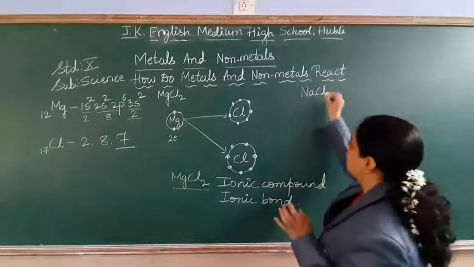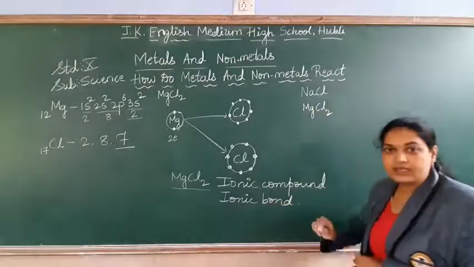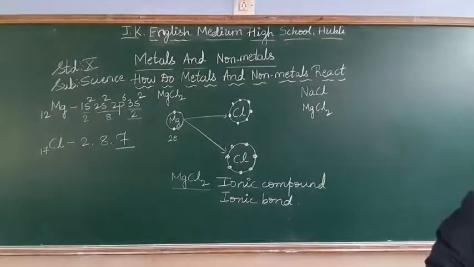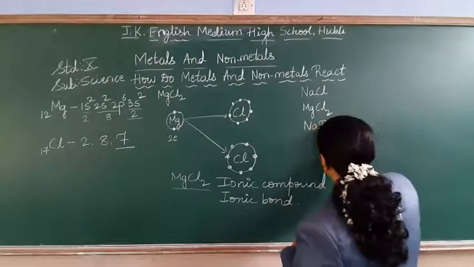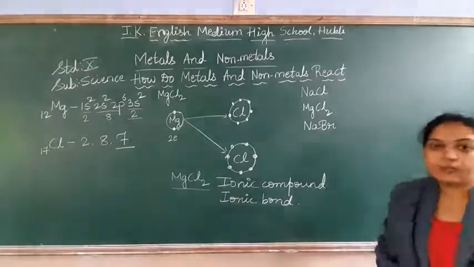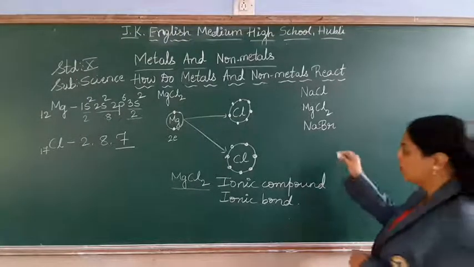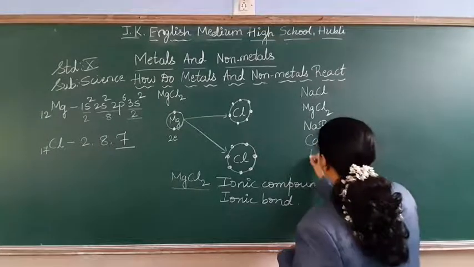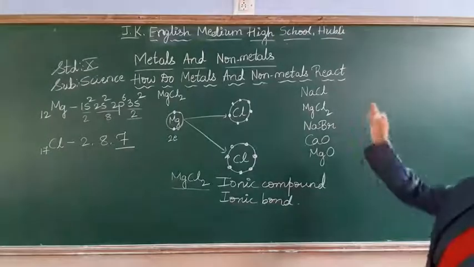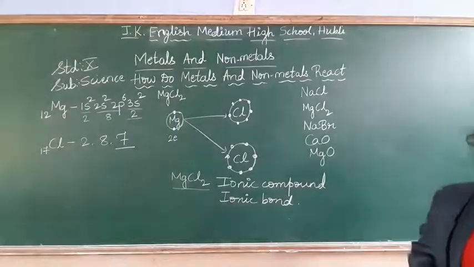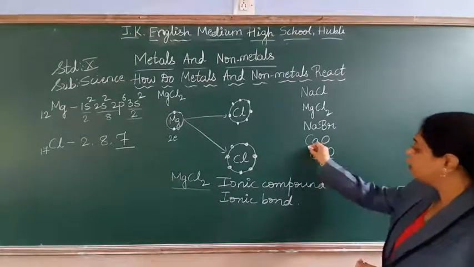Na plus Cl minus, Mg 2 plus and Cl minus, MgCl2. It may be NaBr, sodium bromide, Na plus and Br minus, calcium oxide, magnesium oxide. So these are all a few examples of ionic compounds. So what type of bonding is there between a metal and a non-metal?